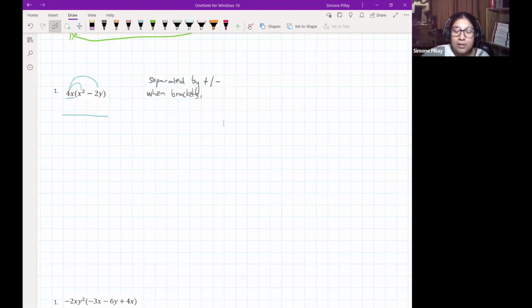So when there's brackets, you are basically going to ignore the plus and minus signs inside the bracket.